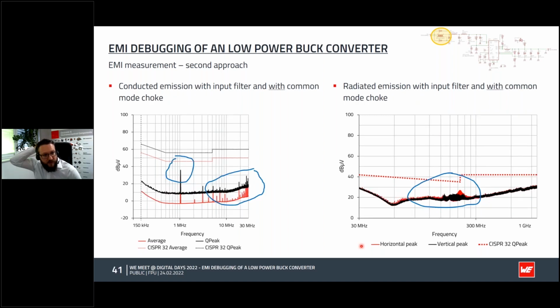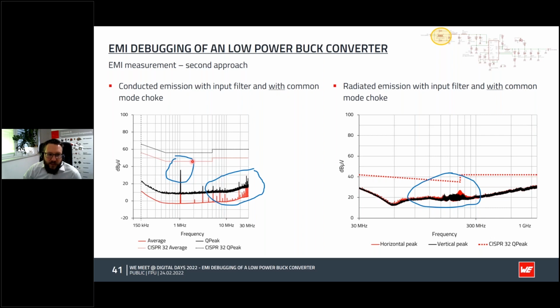Of course, we then placed the common mode choke. The measurement I show here is with the common mode choke. It's an SL2, chosen according to the switching frequency.